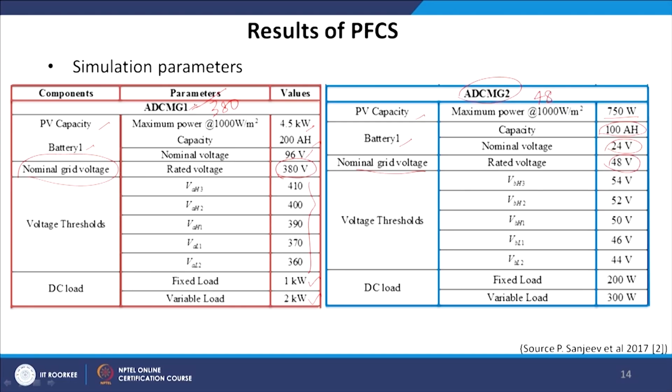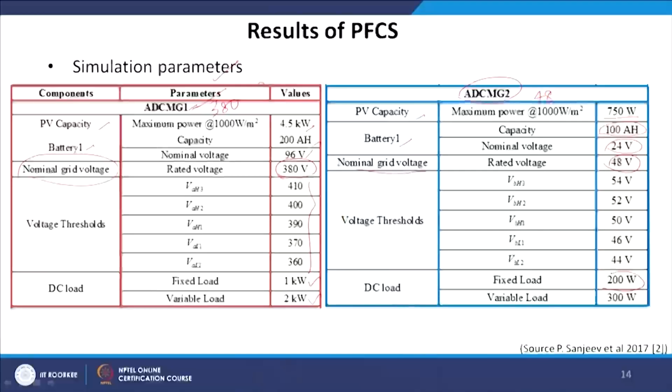So, we have autonomous DC microgrid 1 operating at 380 volts and autonomous DC microgrid 2 operating at 48 volts, and the DC loads are 200 watt fixed and 300 watt variable. So, indirectly we have a larger system operating at a high voltage rating, that is 380 volts, and a very small DC microgrid operating at low voltage, 48 volts. So, now we want to interconnect these two.